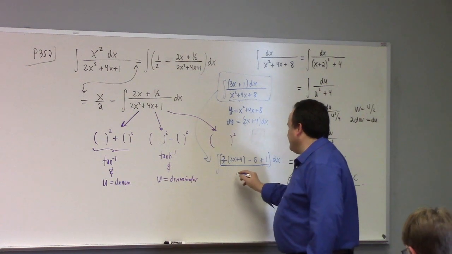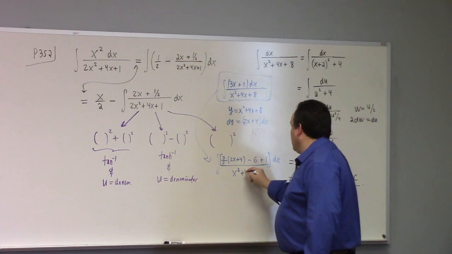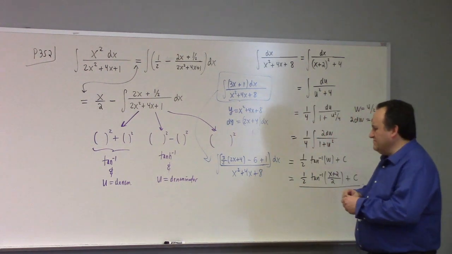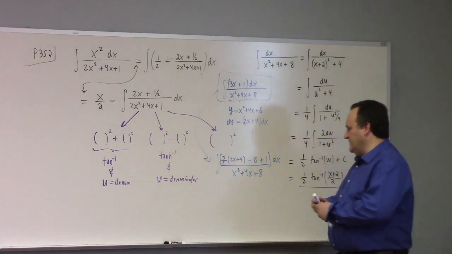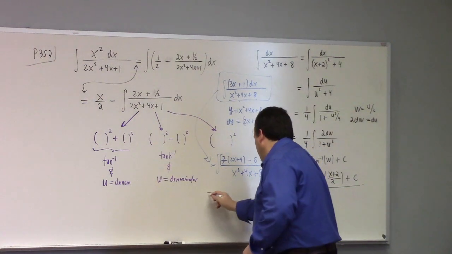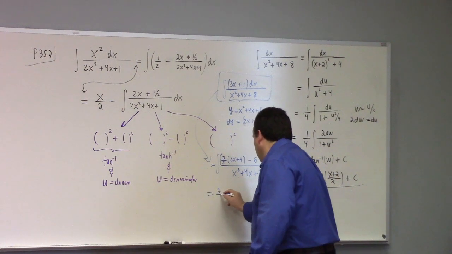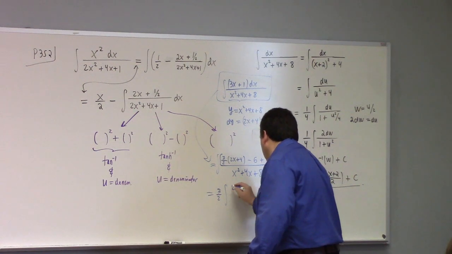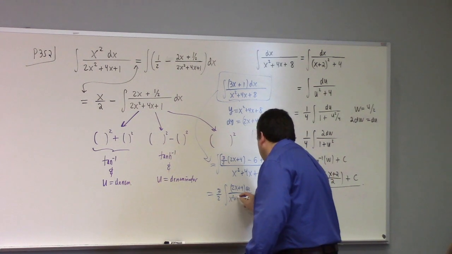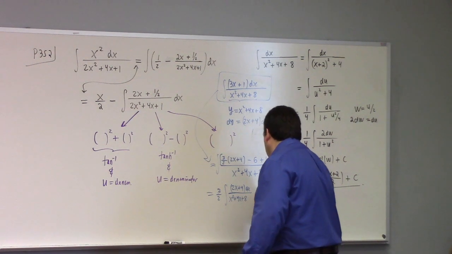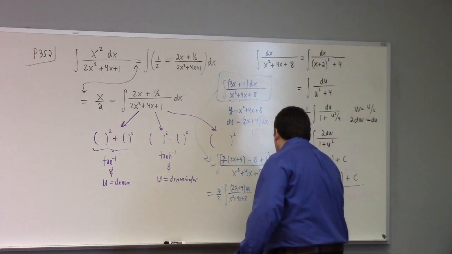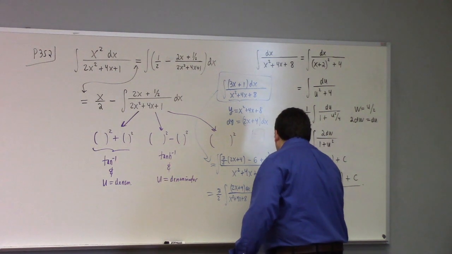And then this will be equal to 3 halves the integral of 2x plus 4 dx over x squared plus 4x plus 8 minus 5 times the integral of dx over x squared plus 4x plus 8, okay?